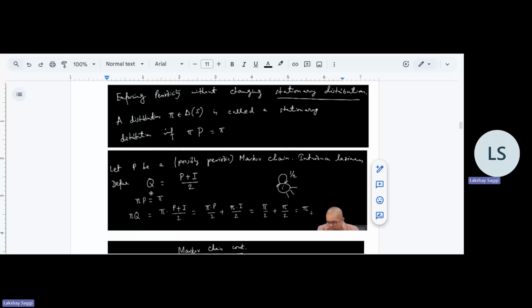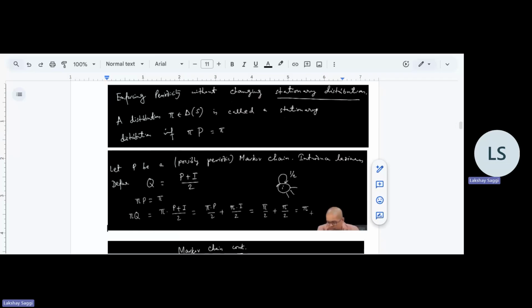We know that pi times P is just pi because pi was the stationary distribution for P, and pi times I is also pi. So this is pi by 2 plus pi by 2, which is pi. So we have shown that pi times Q is equal to pi, and pi is also a stationary distribution for the Markov chain Q.